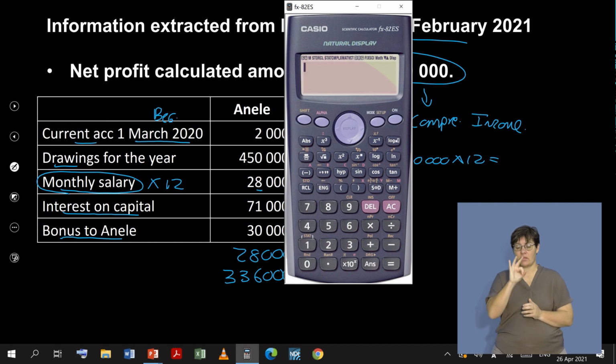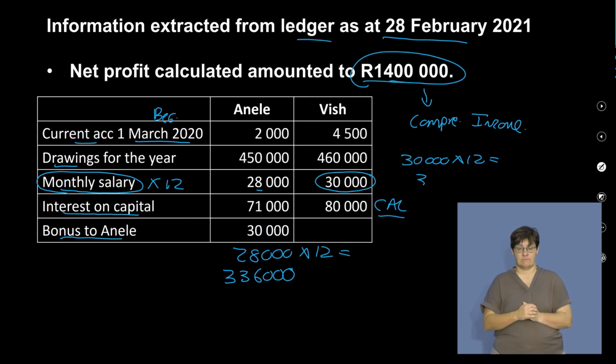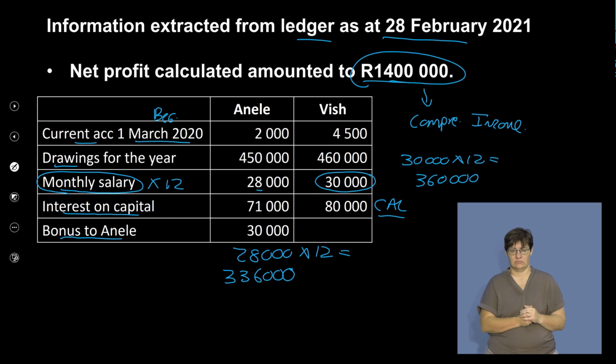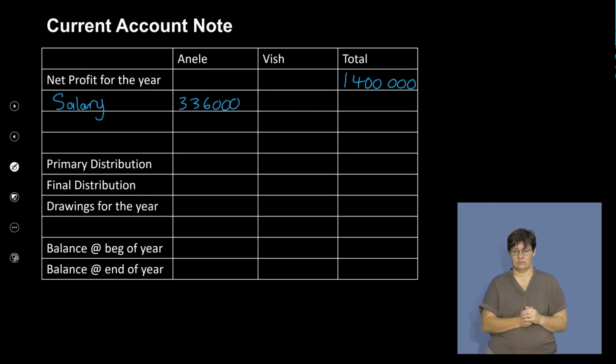So 30,000, one more zero, times 12, and that gives us 360,000. Again, I'm taking this to my note: 360,000.